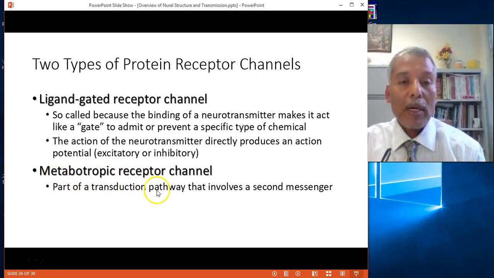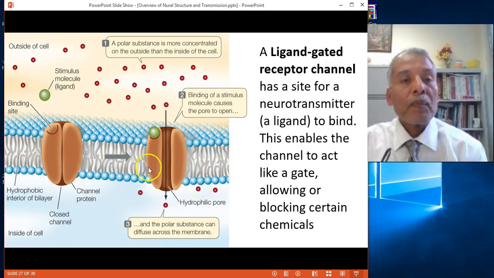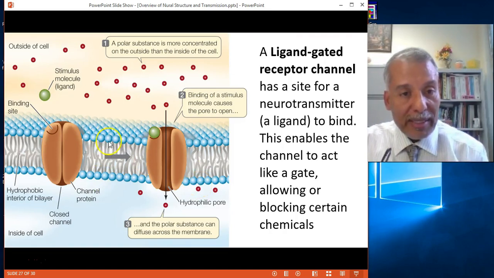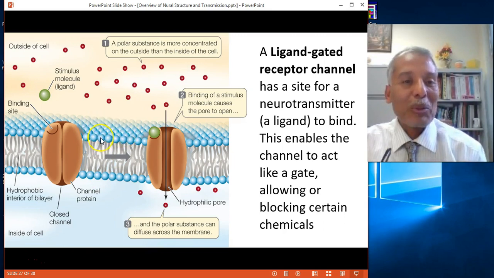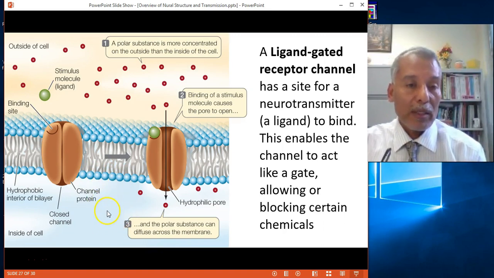Again, metabotropic receptors are less common than the ligand-gated receptor channels. So here, you could see now the cell membrane. You can see the heads of the lipids, the fats, how they line up together and close to prevent the water from coming in. And on the other side, you have the heads facing the other side to prevent chemicals inside of the cell body from exiting.